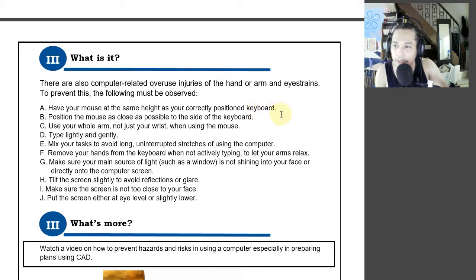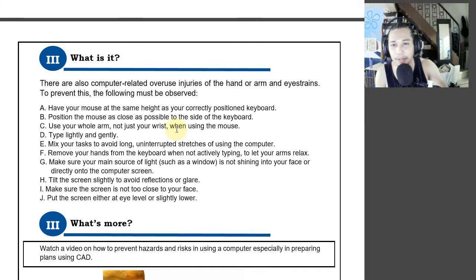Next, position the mouse as closely as possible to the side of the keyboard. Ilagay nyo raw yung mouse as much as possible malapit doon sa keyboard. Use your whole arm, not just your wrist, when using a mouse. Kasi minsan ang ginagawa natin, ipinapatong natin yung braso natin sa mesa. That is actually wrong.